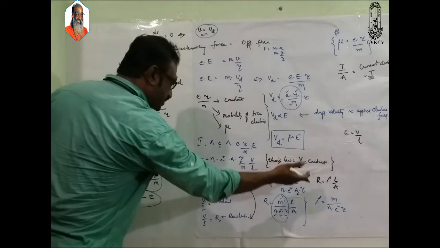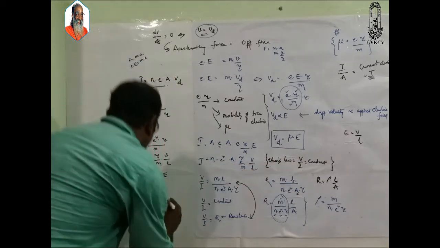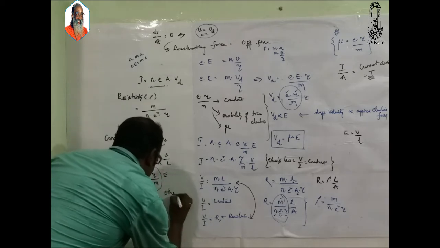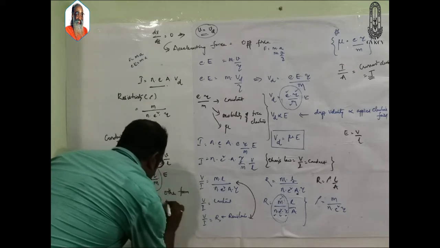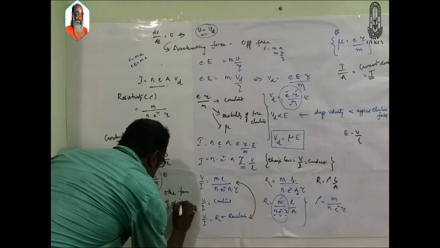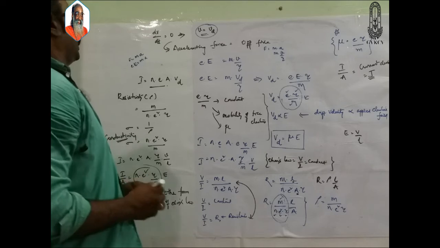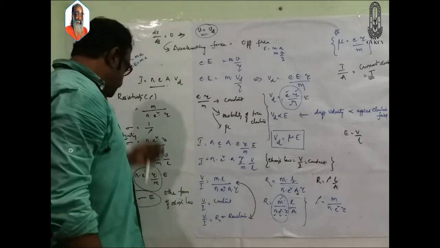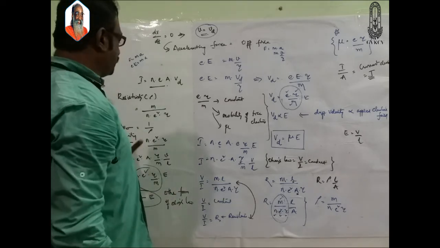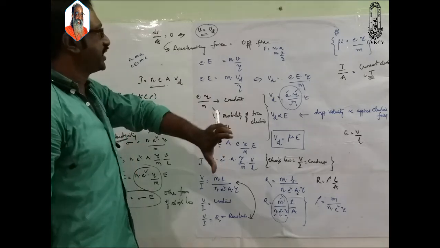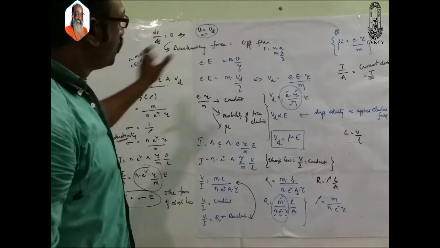What we call this is the other form of Ohm's law. J is equal to sigma E. So of course we have just said that it is the other form of Ohm's law. From this derivation we have come across so many things.